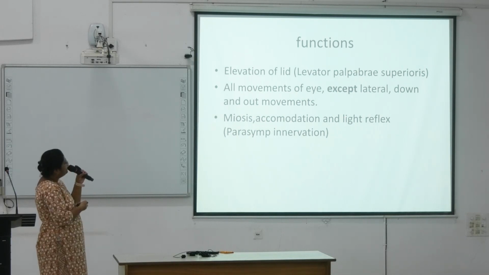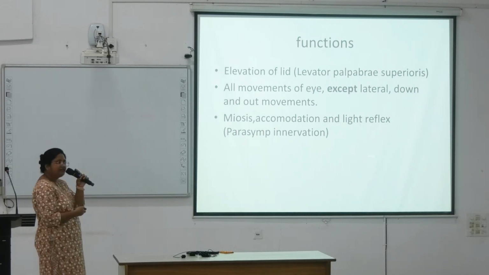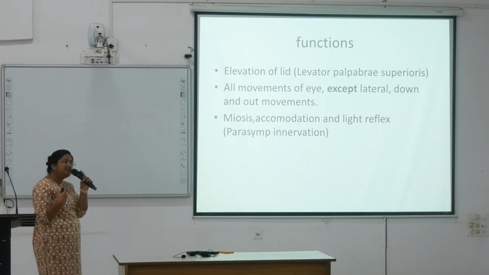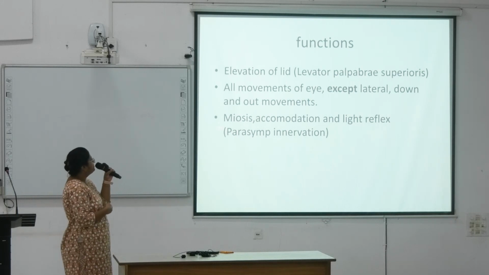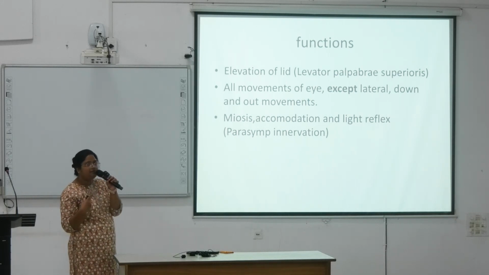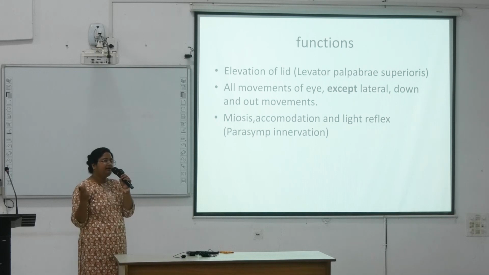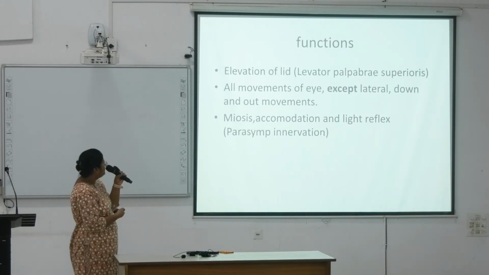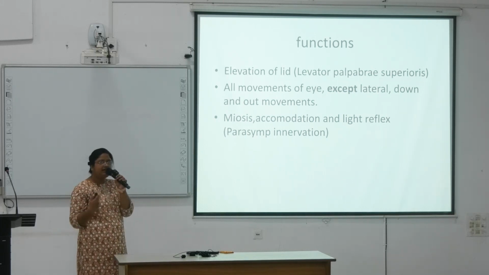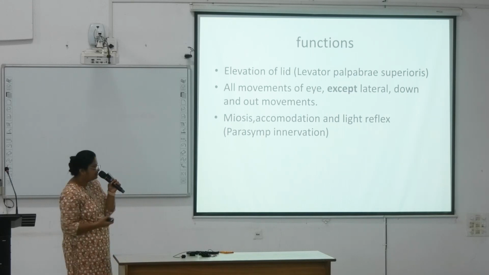This is maintained by the oculomotor nerve via parasympathetic innervation from the Edinger-Westphal nucleus. So in case of paralysis of the oculomotor nerve, there will be pupillary dilatation and these reflexes will be lost. Accommodation and light reflexes will be lost.